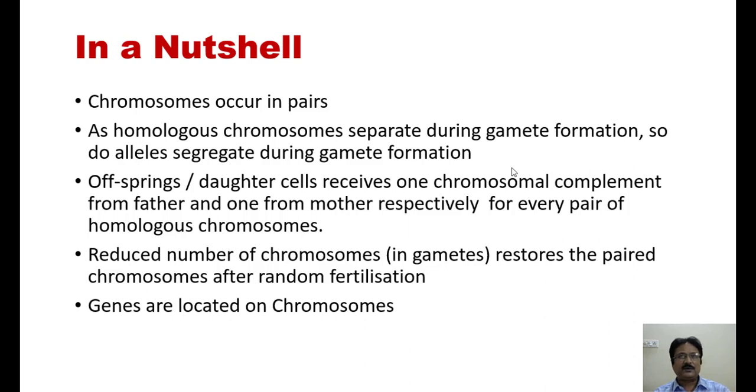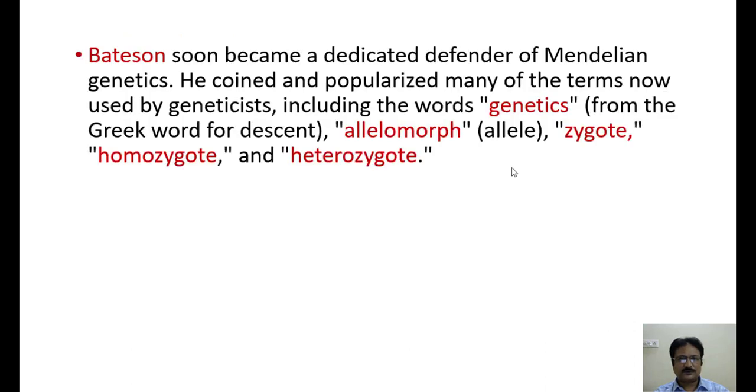And finally, what Mendel did not say at that time, this theory says that these genes or the factors are located on the chromosomes. Now after this, the path of genetics opened, a lot of work is being done and is being continued. Immediately after, Bateson became a dedicated defender of Mendelism and Mendelian genetics.